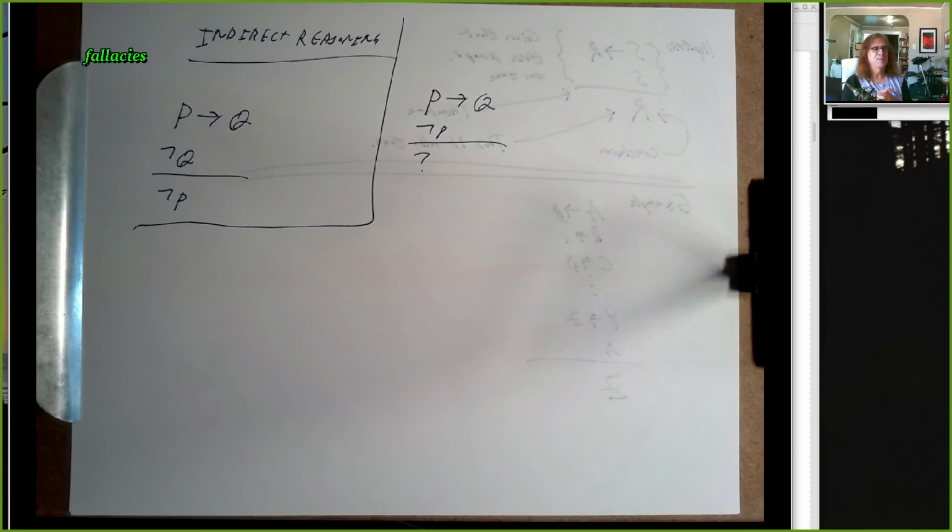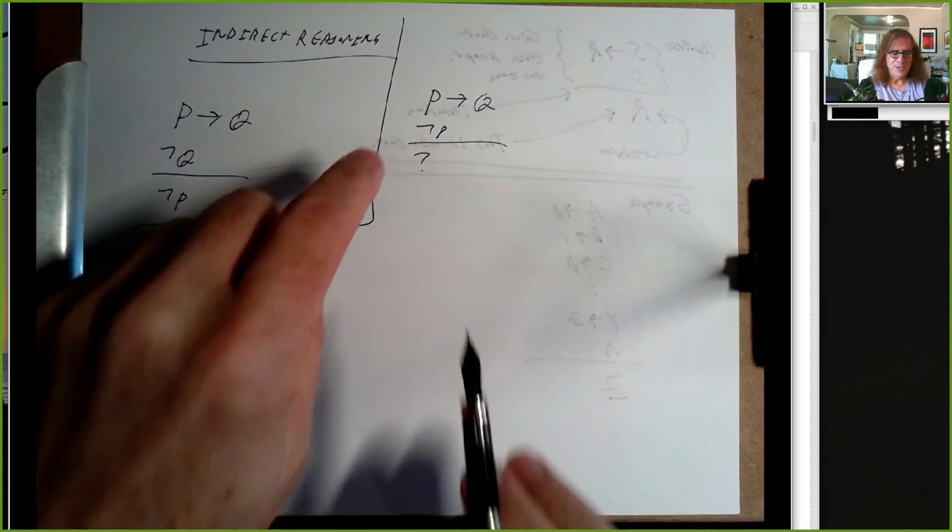So we're told if P then Q, and we're told not P. Can we conclude anything? We know Q is true or false. Can we tell anything about Q beyond that? And the correct answer is nope, you cannot conclude anything.